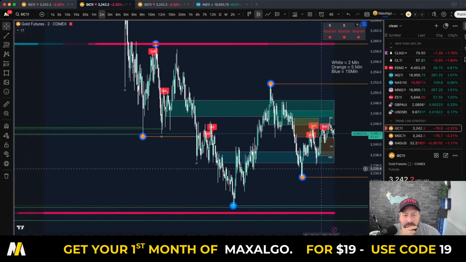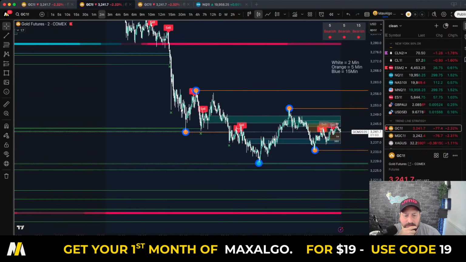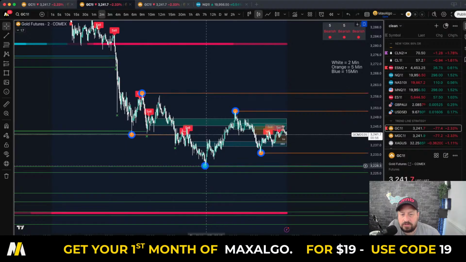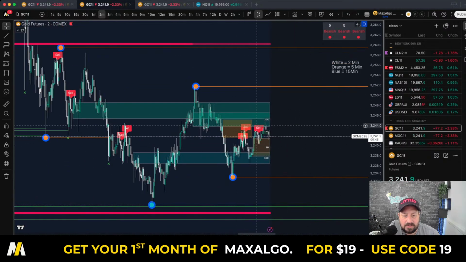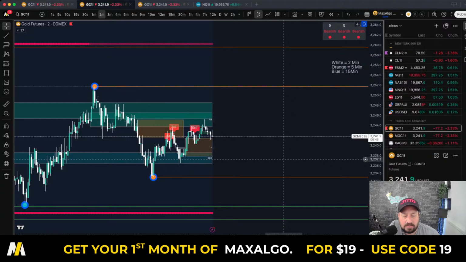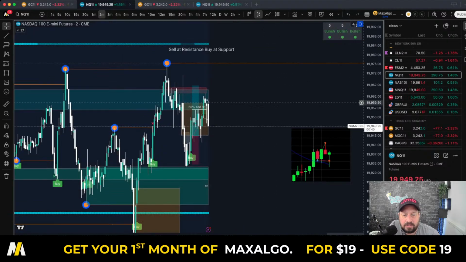What do we think about gold? We could see if we took this high, we were going to go back bullish, but we're still bearish. Stupid hour had to be like this, even though NQ's ranging.